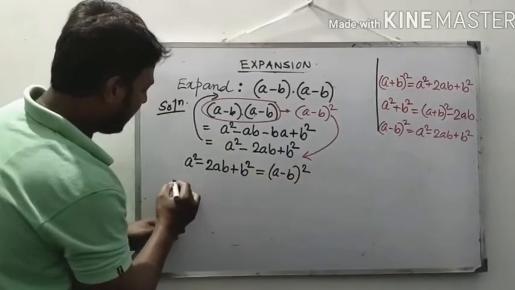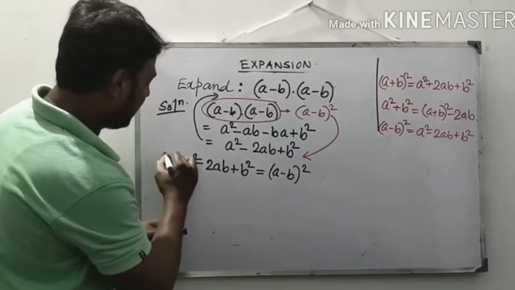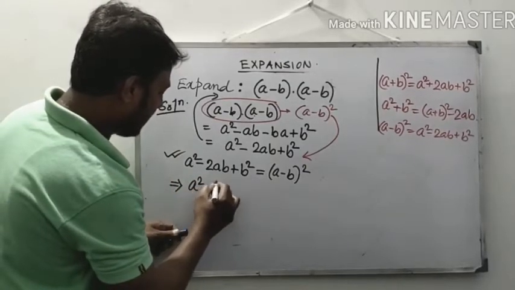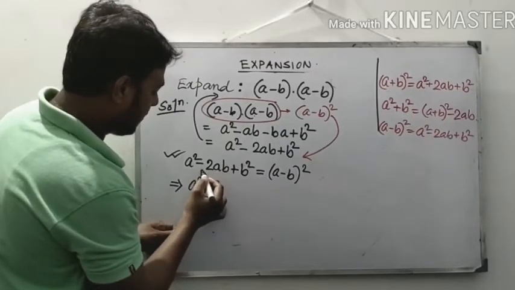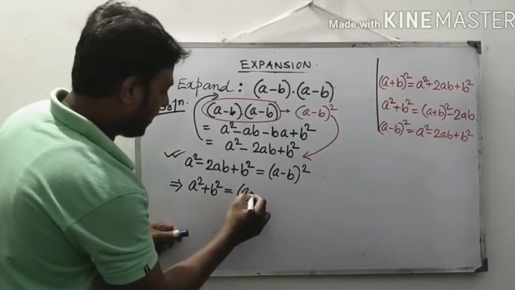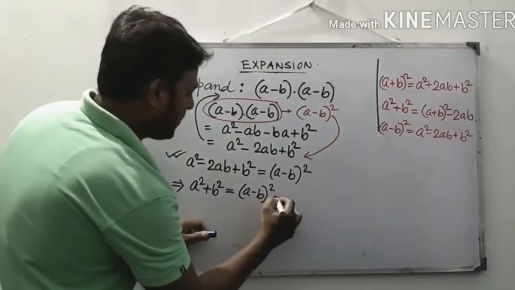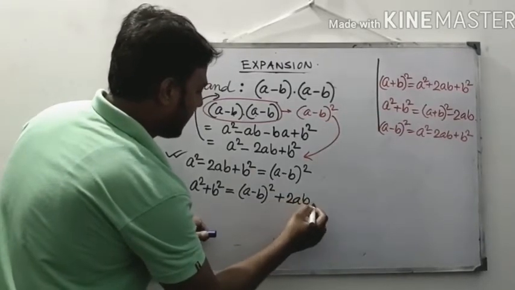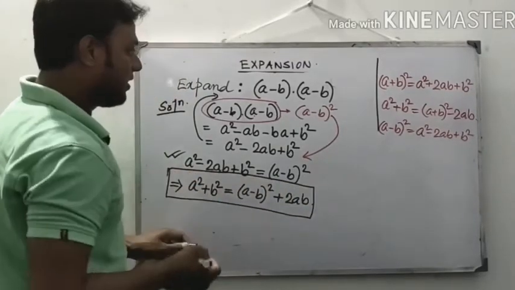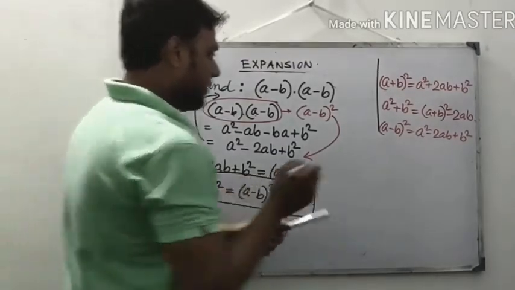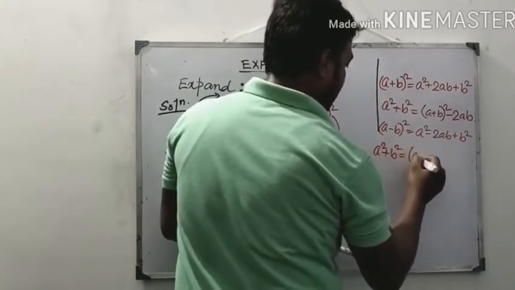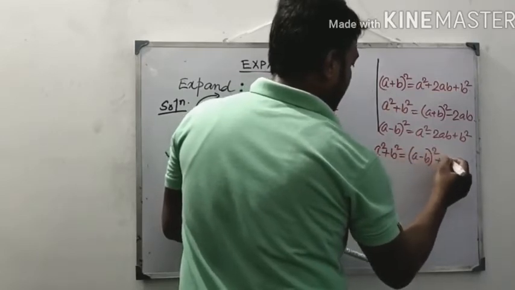Now if we calculate the value of a square plus b square from this line, we keep a square plus b square here, and we move the term 2ab to that side. So it will be (a minus b) whole square plus 2ab. Okay, so this is one more result. So write it: again we get a square plus b square equals (a minus b) whole square plus 2ab.